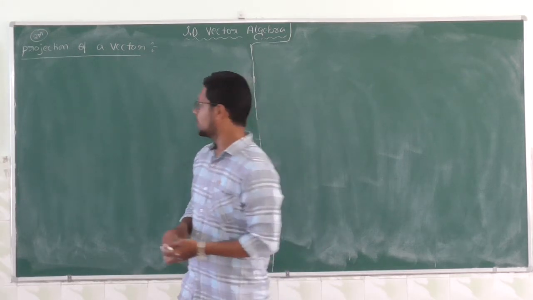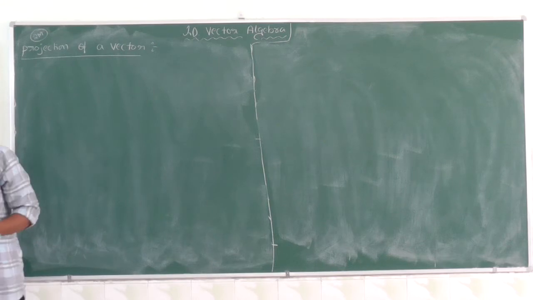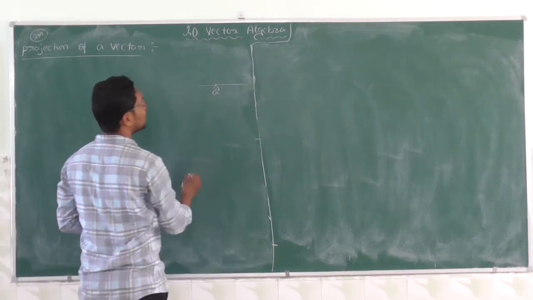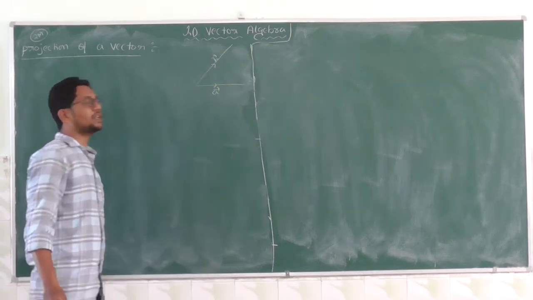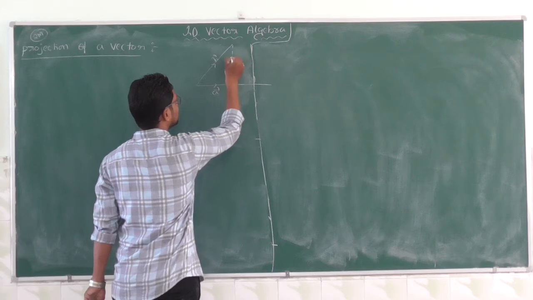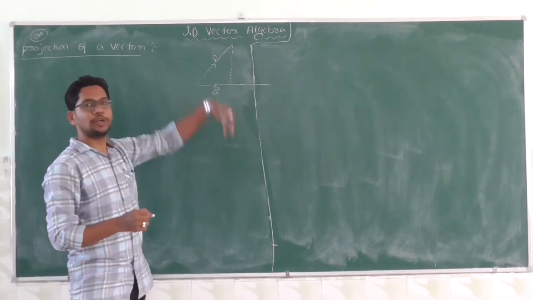Now, what is meant by the projection of a vector? How to find it? Here we have the A vector and the B vector. The projection is nothing but the projection vector. This projection we are going to find.